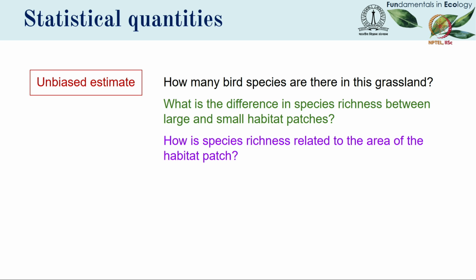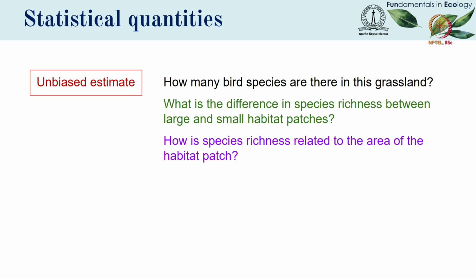Just like in study design, where there are certain principles that, if you follow, you can get unbiased estimates, similarly, in statistical methods also, we can figure out what can give us unbiased estimates. So, the mean, for example, is a good unbiased estimate.